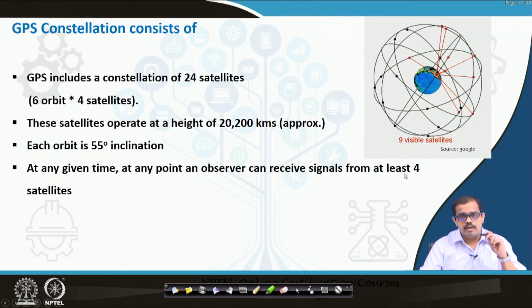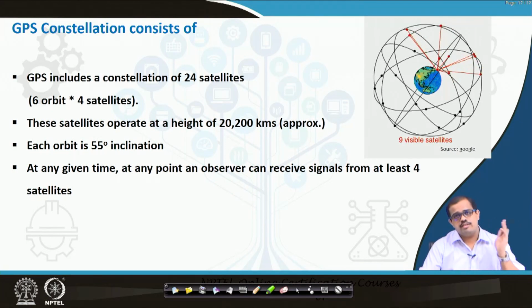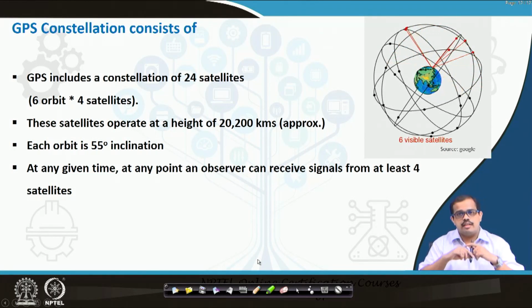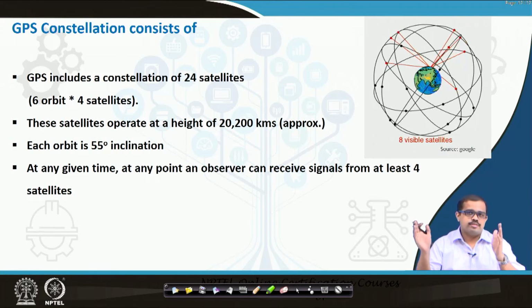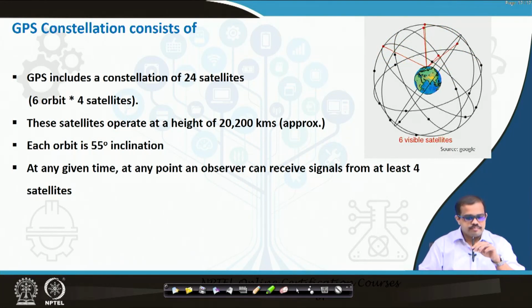Below, it shows how many satellites are visible at any point on the Earth's surface. As it moves, you have at least 4 to 8 signals, sometimes 6 to 8 signals all the time. 4 is the minimum that you need. I'll explain why you need 4, but the maximum you can get is about 8 satellites at any point of time.